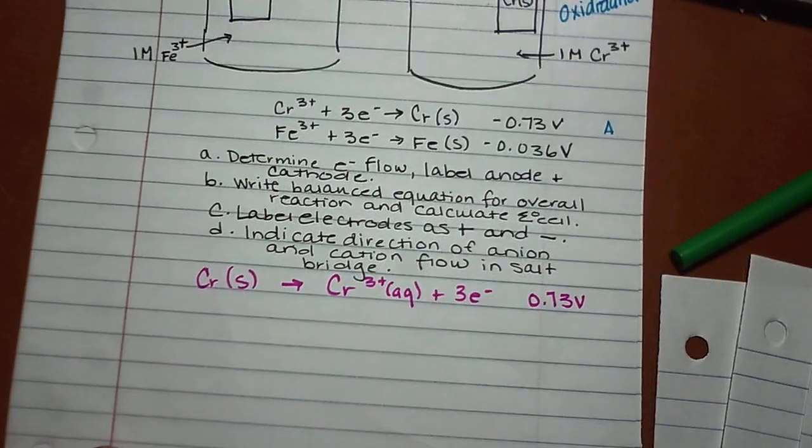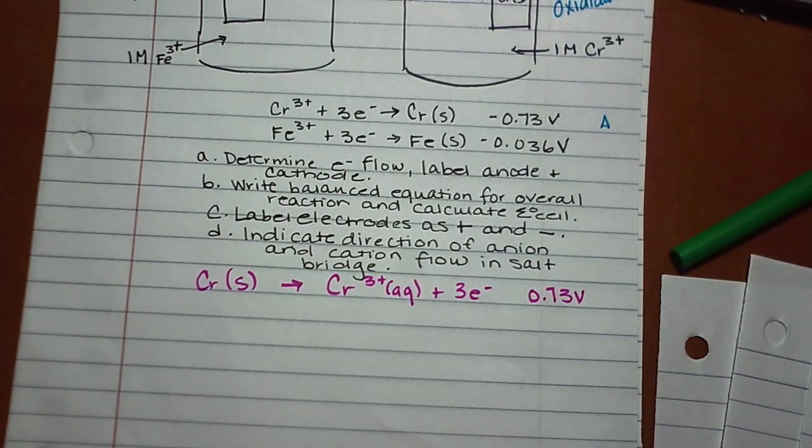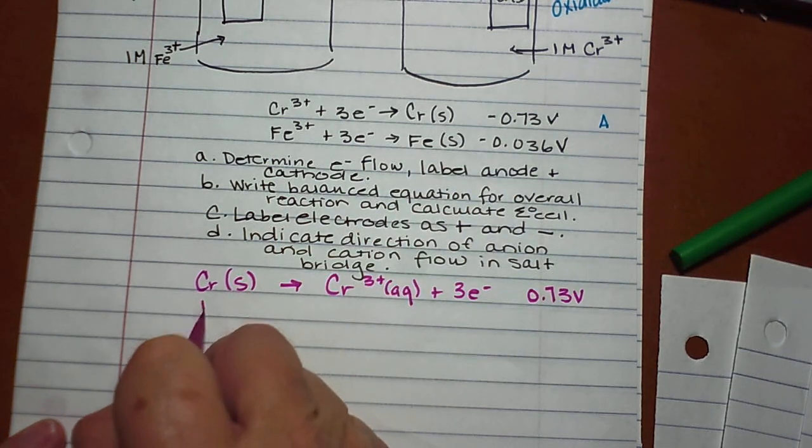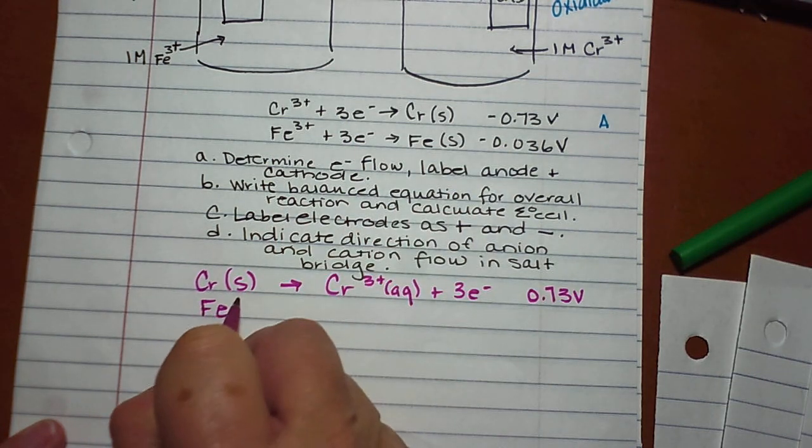So because I'm making it positive, I'm not going to subtract it from the cathode. Remember that equation that I said I don't like using, because when I flip something, because of Hess's law, I just flipped the sign. And then I'm going to use the cathode equation as is.